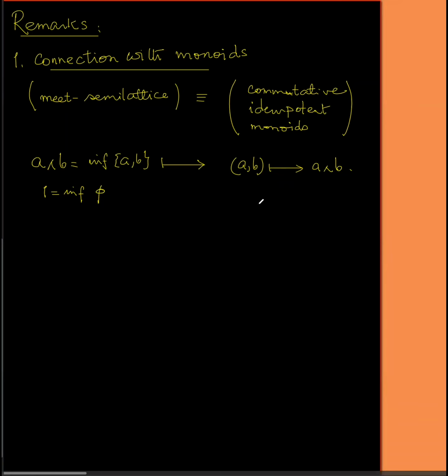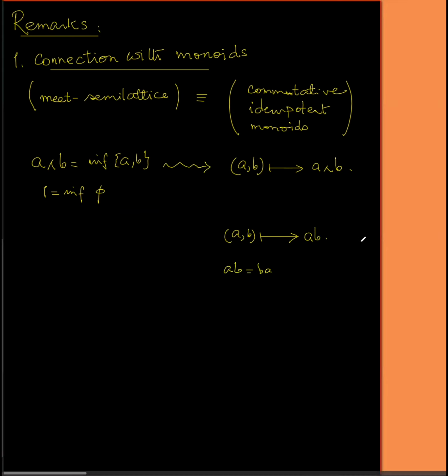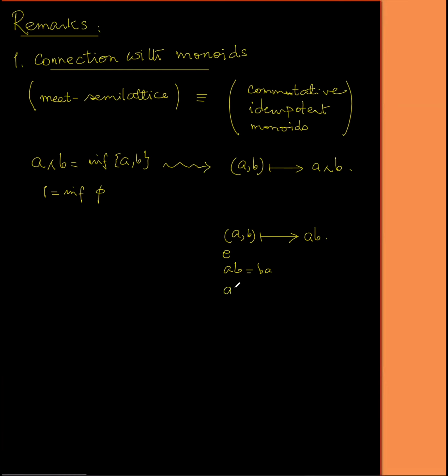On the other hand, if you had a binary operation which was commutative with an identity E, and so it is commutative and associative, and which is idempotent, then you would define the order: A is less than or equal to B if A is equal to AB.